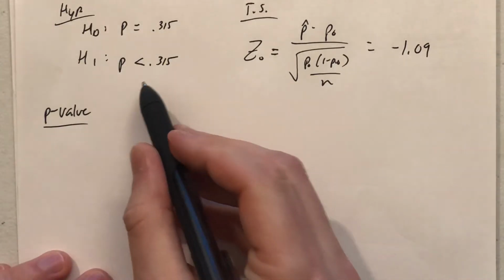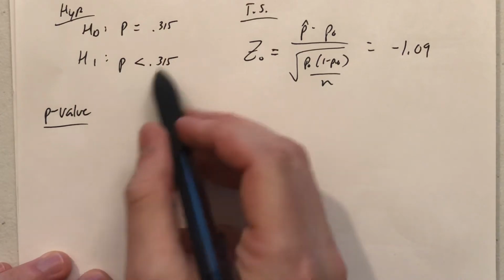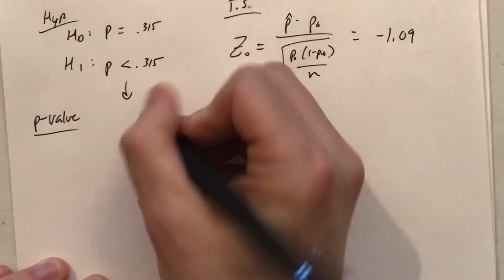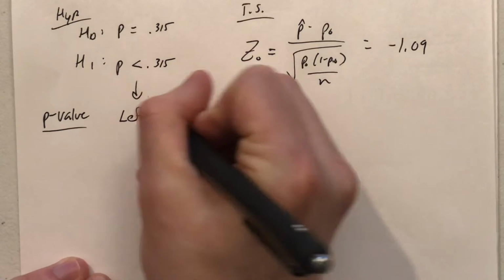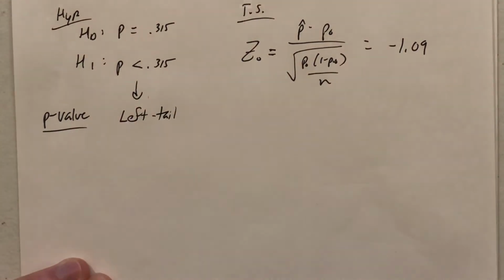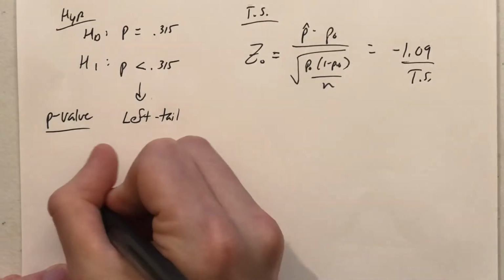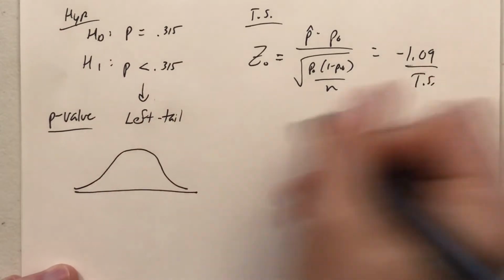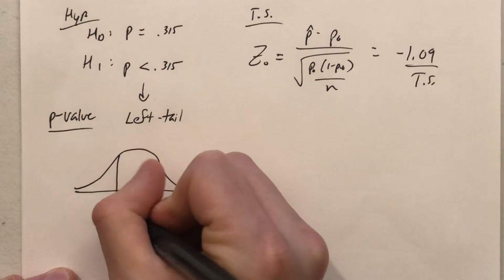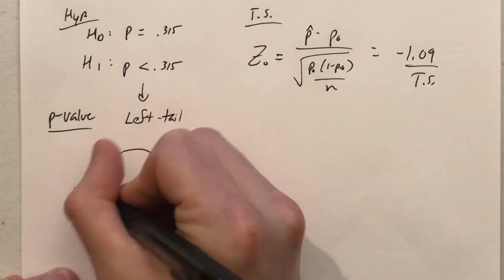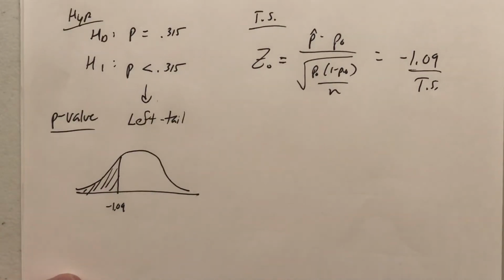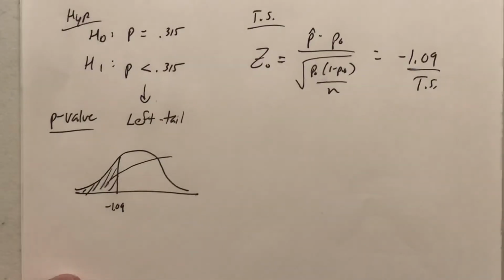The alternative hypothesis tells us this is a left tail test. This test statistic tells us to draw a picture with negative 1.09, but we're shading to its left. We want to figure out that area.